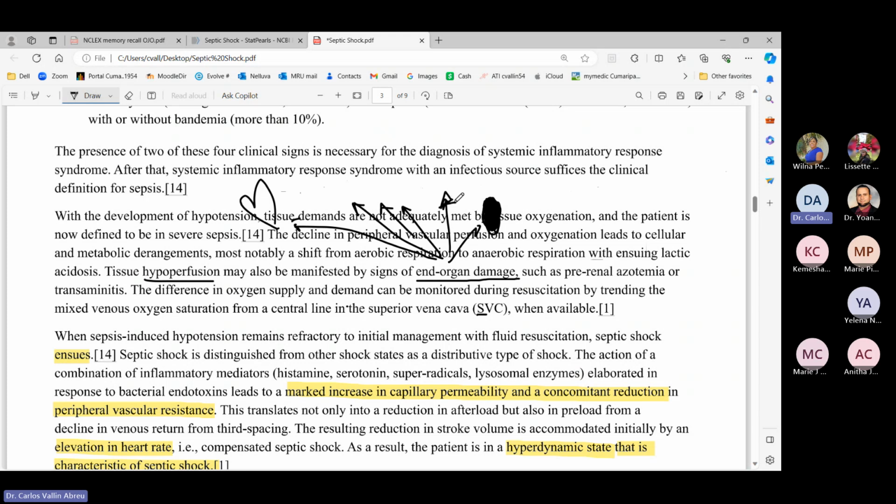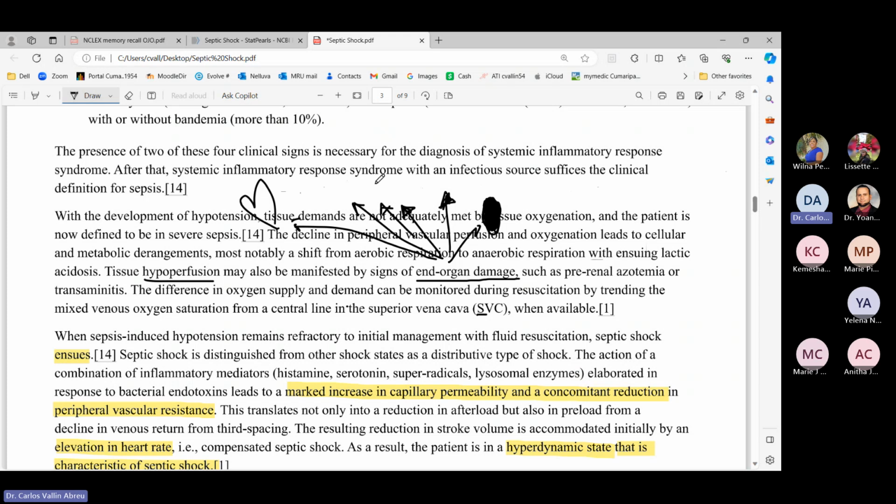The liver is also quickly affected. The GI system, the intestine, is quickly affected, with necrosis of the intestine and disruption of the mucosal barrier, complicating the sepsis even more because now the bacteria, the normal flora of the intestine, can be translocated to the circulation.